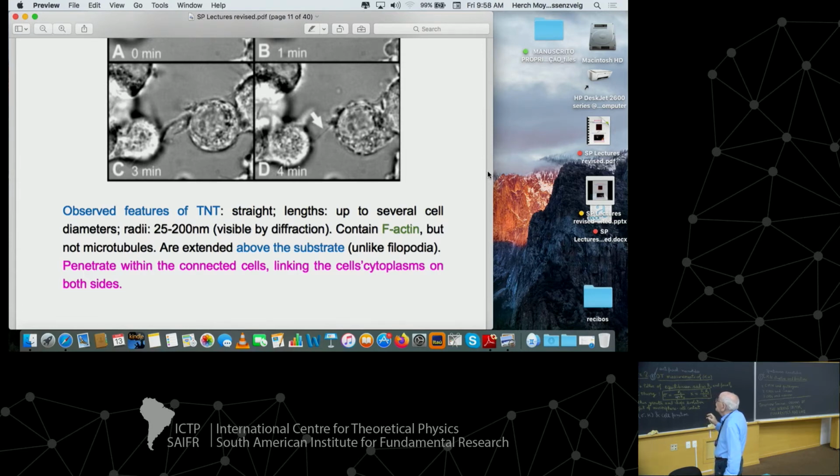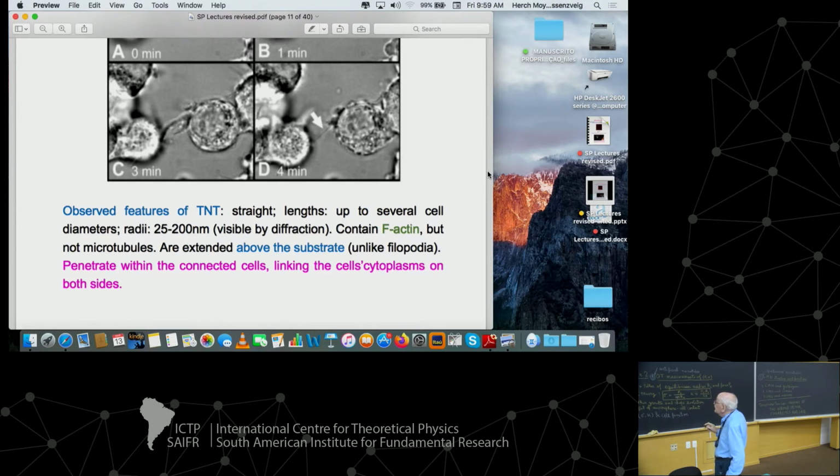Second, they are not like filopodia. Filopodia are going along the substrate, but these are above the substrate, okay?